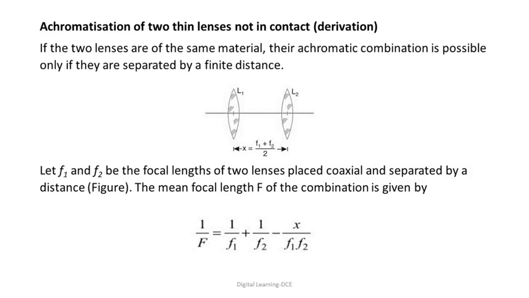See the figure. The mean focal length capital F of the combination is given by 1 by F is equal to 1 by f1 plus 1 by f2 minus x by f1 f2.